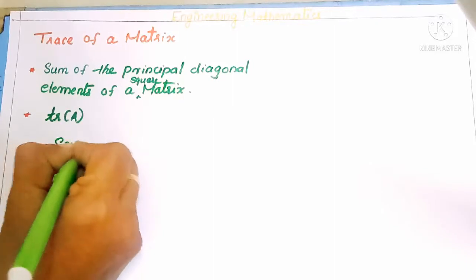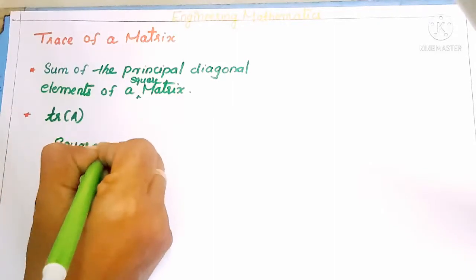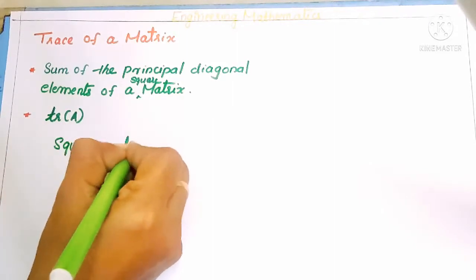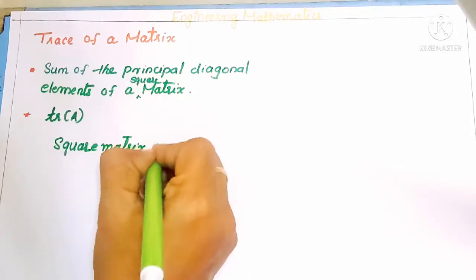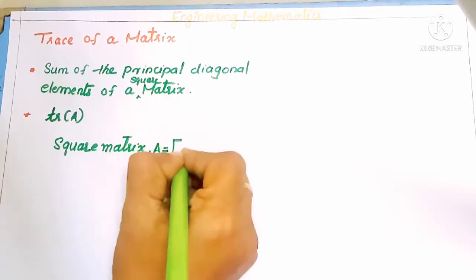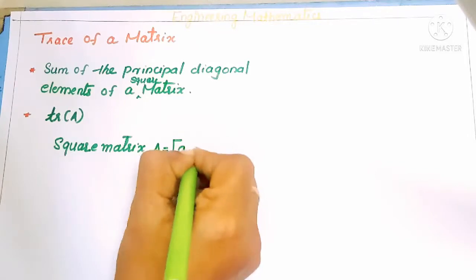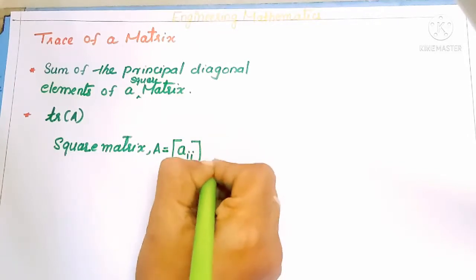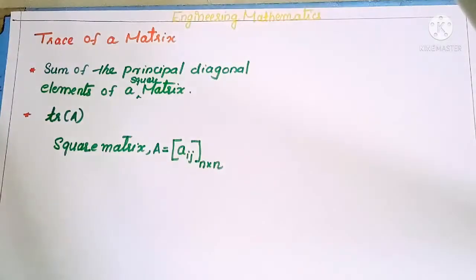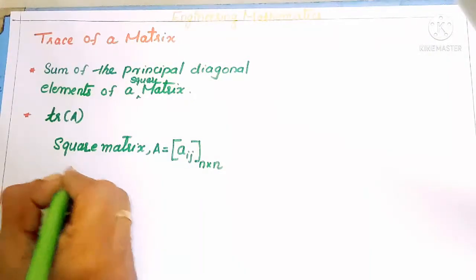We can write a square matrix A is equal to [Aij], and its order becomes n cross n. So we can write the general form of a square matrix.